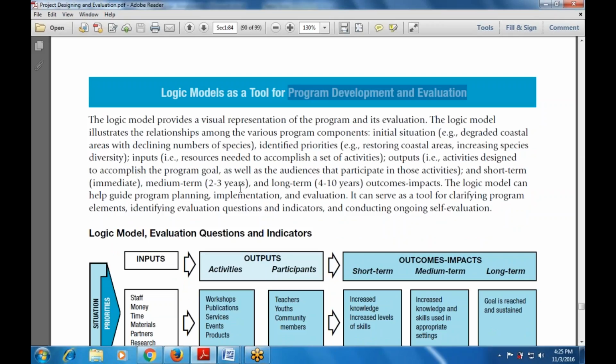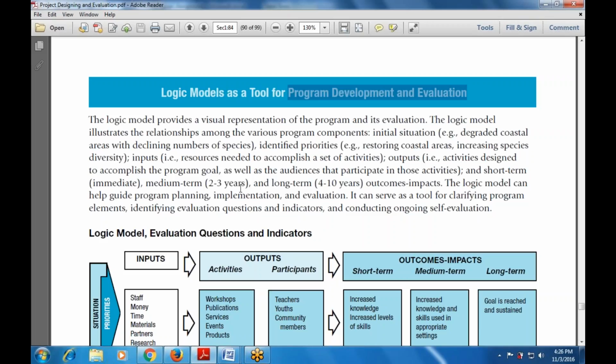So the logic model provides a visual representation of the program and its evaluation, illustrating the relationship among the various program components: initial situations, identifying priorities, inputs, and outputs to accomplish the program goal, as well as the audiences that participate in those activities, and the short-term, medium-term, and long-term outcomes or impacts.